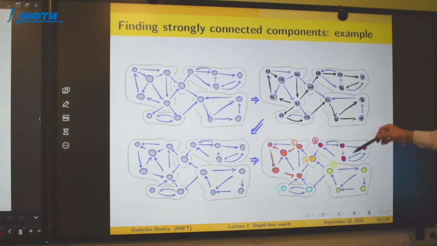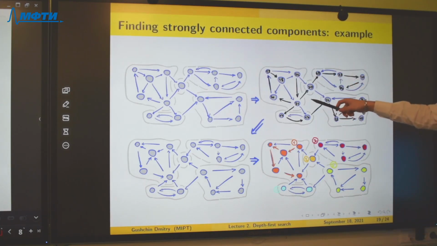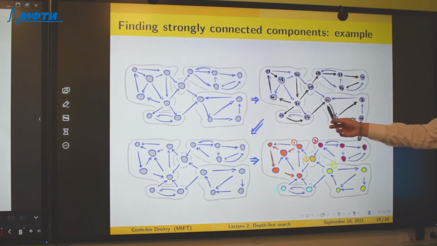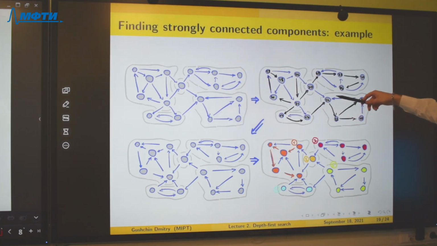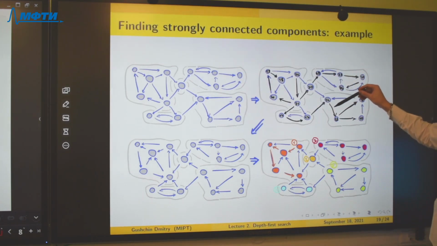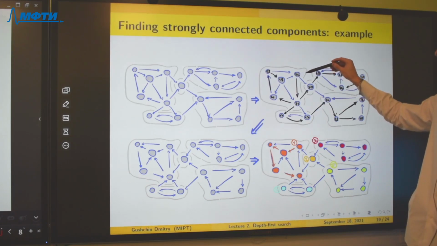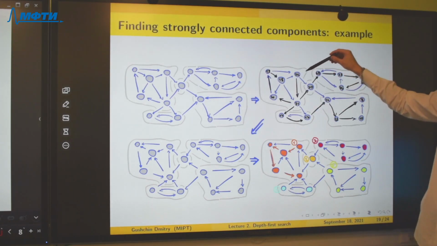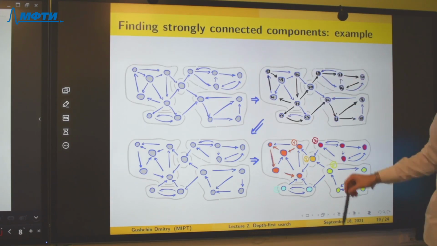When we use DFS, we get the finish time, and then we repeat DFS in the graph where we reverse all the edges, and start with the vertex with the biggest finish time.